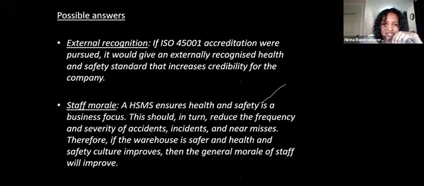Okay, so, possible answers. You will see this in the document, the learner feedback. They provided some of the answers. External recognition: the credibility of the company will be increased. We also talk about improving morale. This is one way you can present your answer.